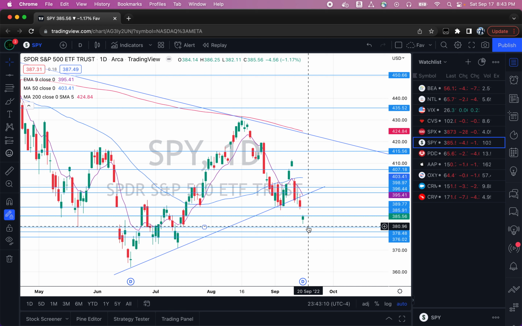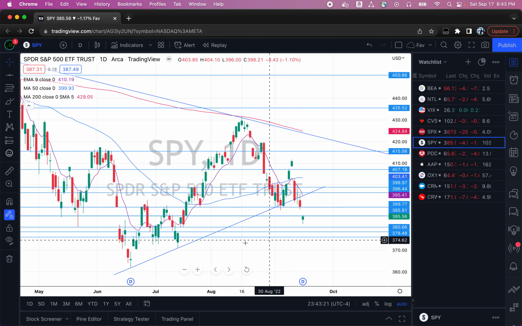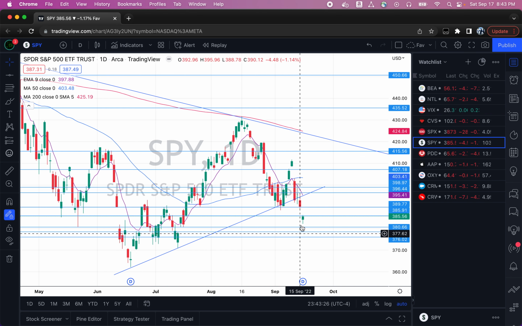If that doesn't hold, then it could go down all the way around here, like 373. It's not going to happen in a straight line, obviously.